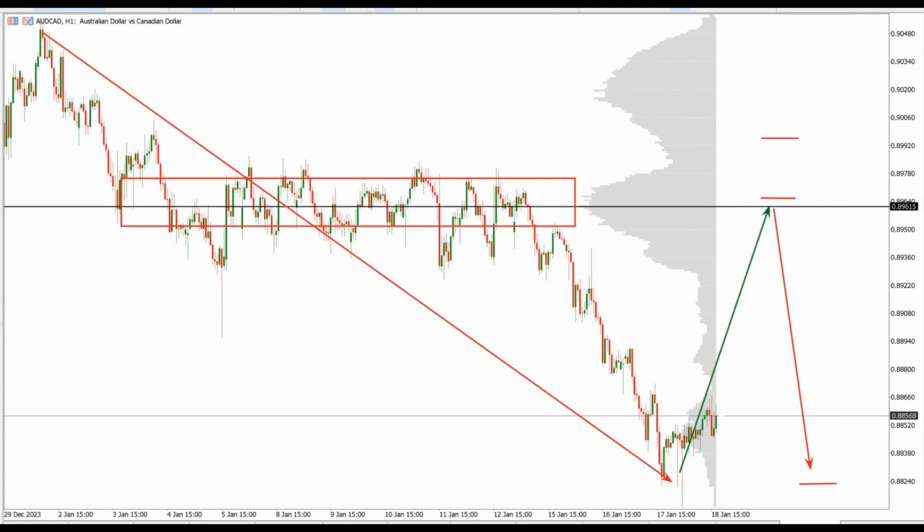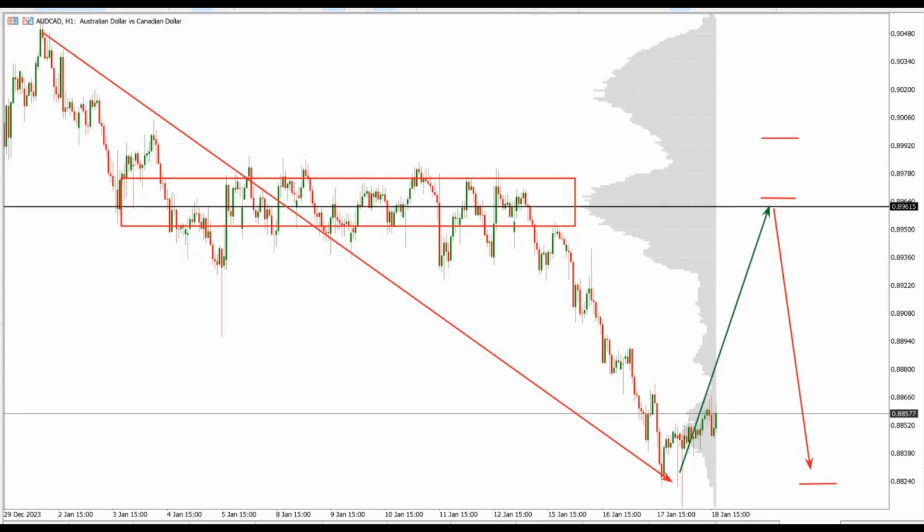Now we can see that there's a great potential here. Our ratio is really good because if we catch this trade in our favor, we are going to be making 1:2 or 1:3.